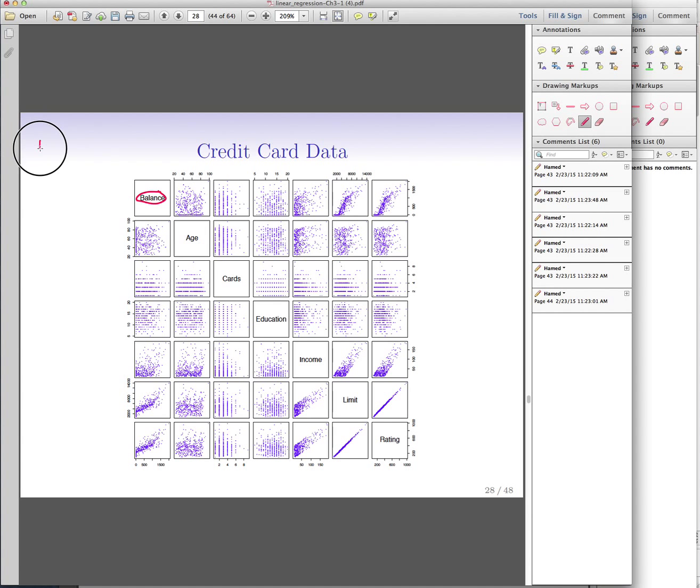So our target is to regress balance as a function of, let's say, age plus beta 2 income.